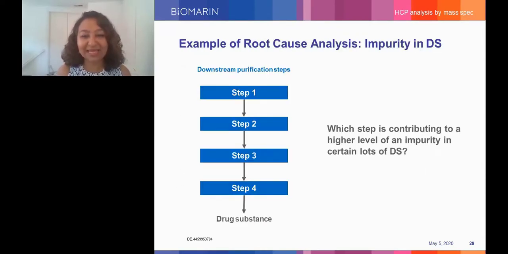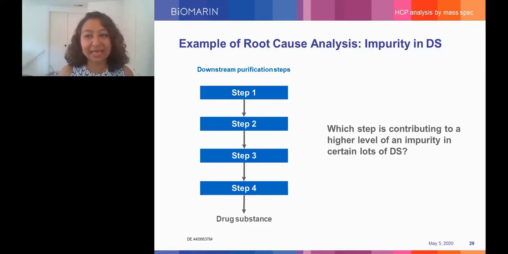In a process development scenario, as well as in cases where there are surprising peaks in a purification process, you can figure out which step in the purification or even in the harvest is contributing to a higher level of a given impurity.